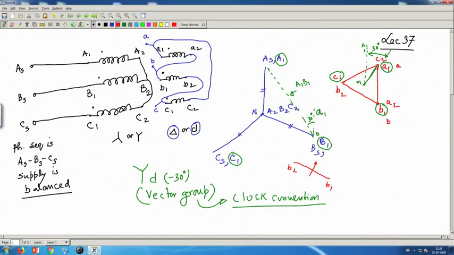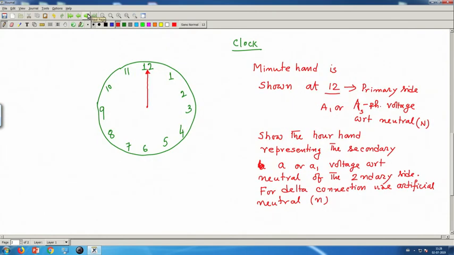This is my B, this is my C. Therefore, this A phase voltage, now this angle being 30 degree, where do you think in the clock should I show this secondary voltage? At 1, is it not? Because we have seen that the secondary voltage is doing this.